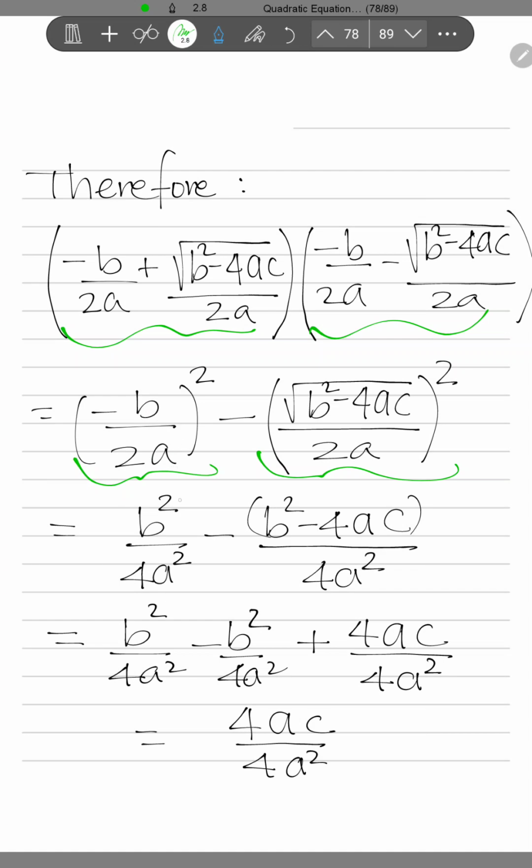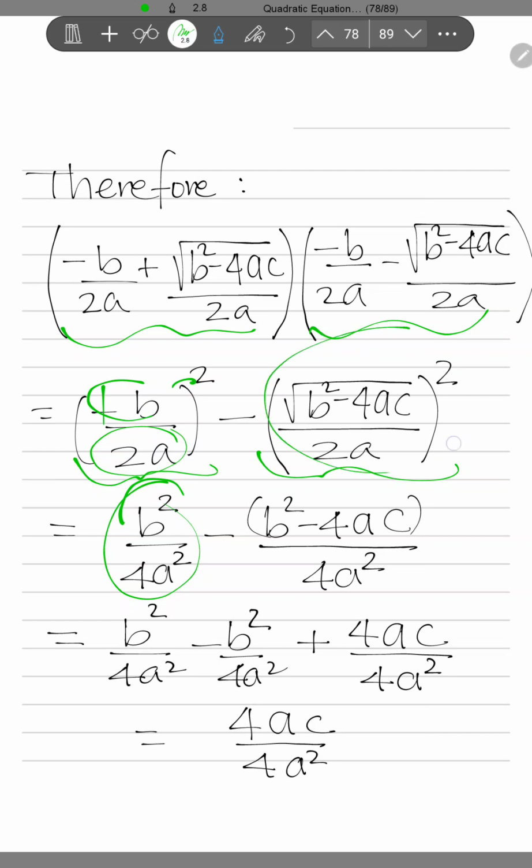Minus b over 2a squared: the minus will cancel out, because the product of two negative numbers is positive. So b squared divided by 4a squared, which is minus b squared over 2a squared. Minus b squared is b squared, and 2a squared is 4a squared.